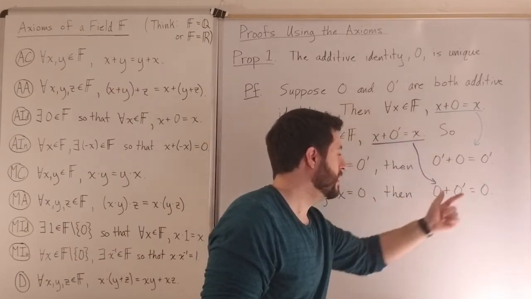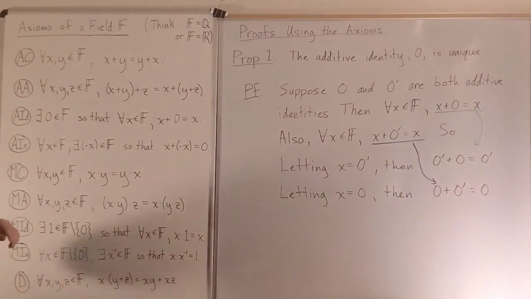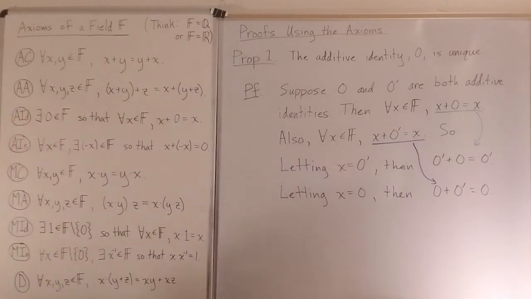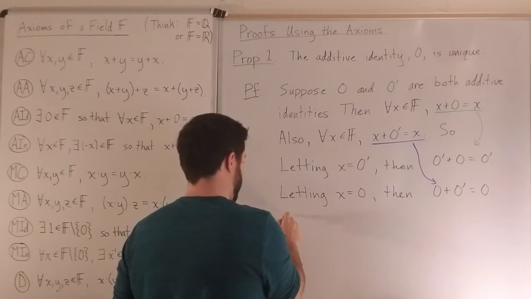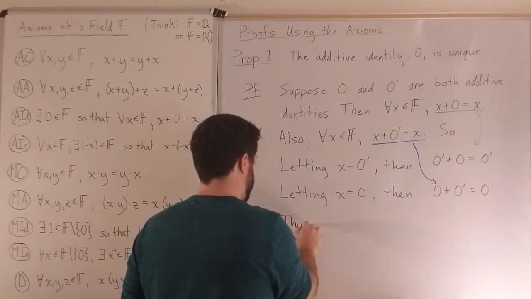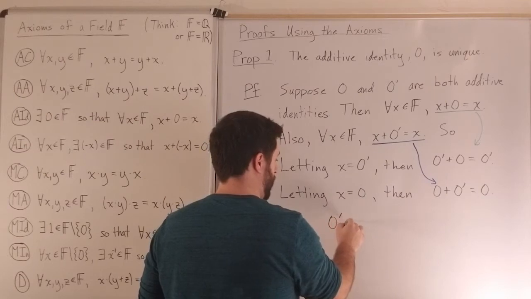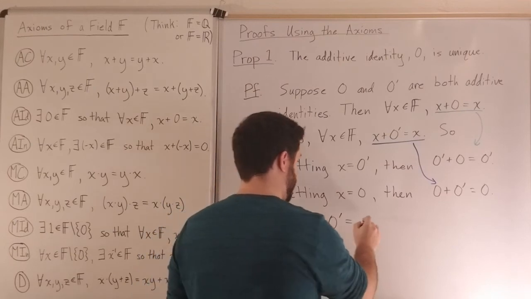Why do we know that these two things are equal? Well, that's one of our axioms. One of our axioms says that you can switch the order of addition. In other words, you have commutativity of addition. I'm just going to write this in one long line.